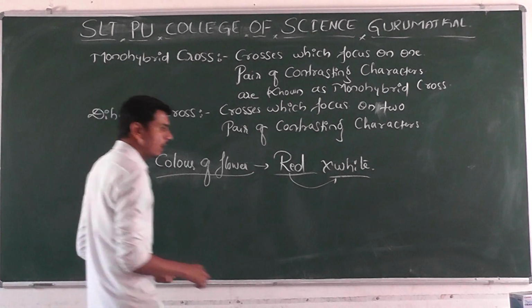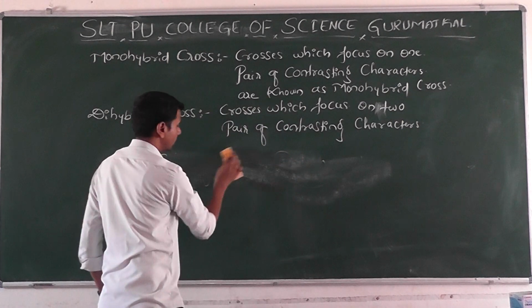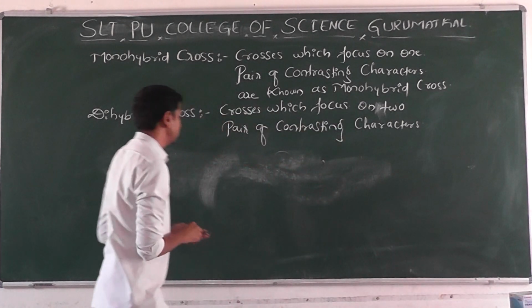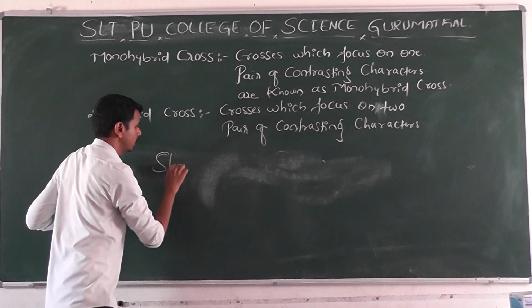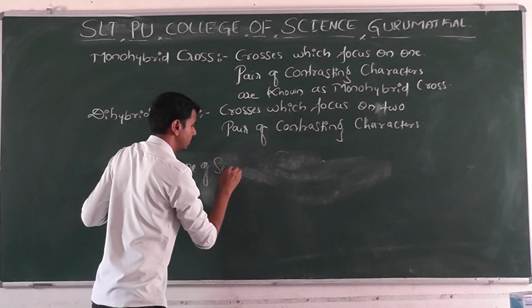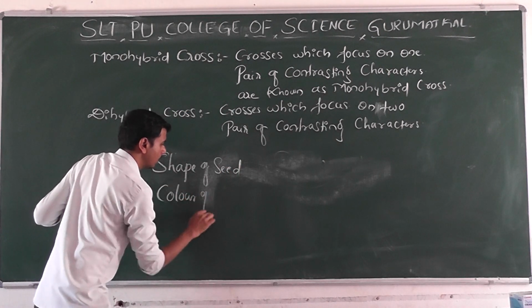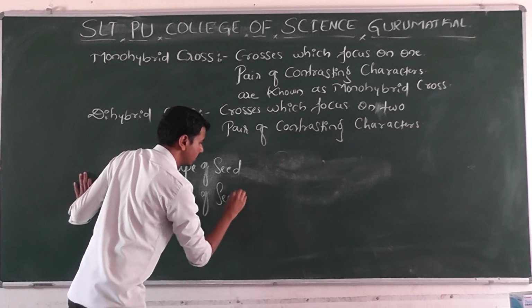For the dihybrid cross, I'll give one example here: the shape of seed and the color of seed.